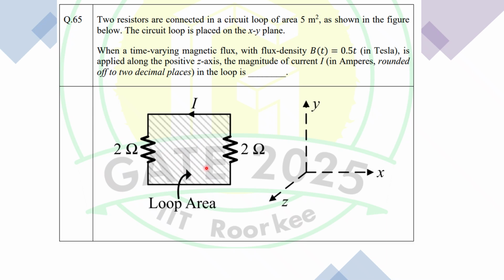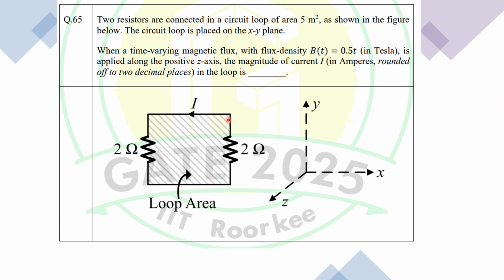Suppose some source of time varying magnetic flux is applied across this. Now you can ask, sir, why are they asking to calculate the current even if there is no voltage? In this circuit there are two resistors, resistor 1 and resistor 2. Is there any voltage? Of course not.